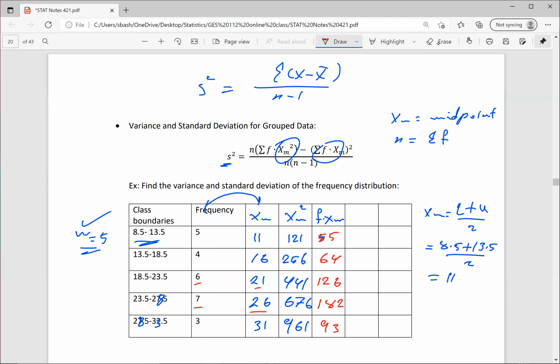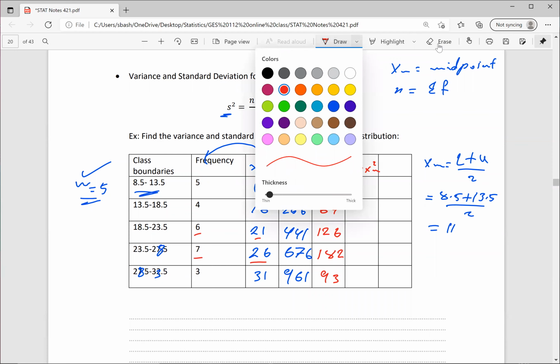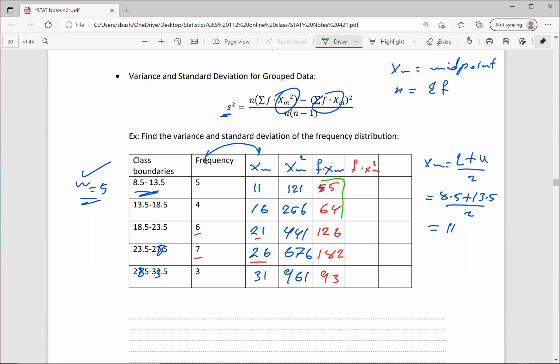Now for the next one, I need to multiply f by xm squared. But before that, let me add the new column.